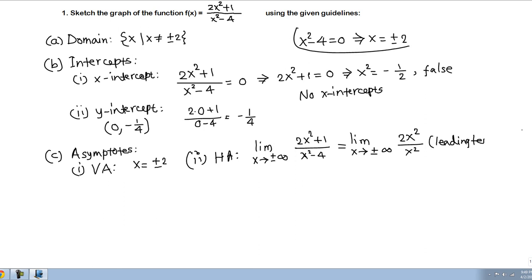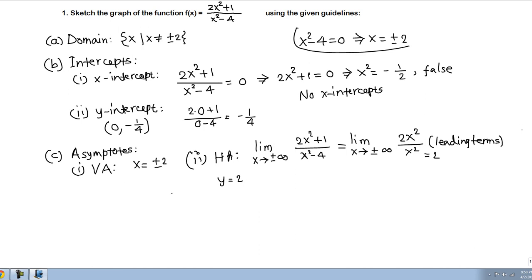The x squared cancel, so just 2. So y equals 2 is the horizontal asymptote on both sides, when x goes to plus infinity or negative infinity.